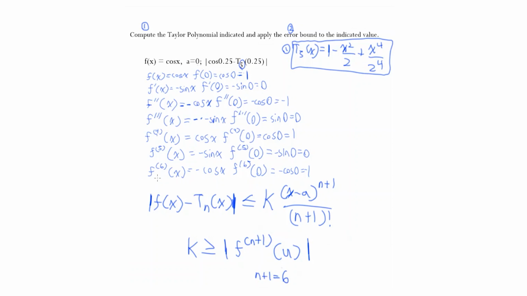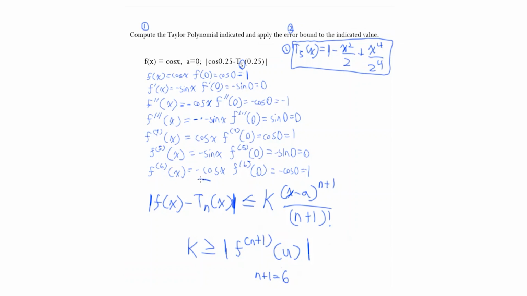And so they want us to find the maximum value of this function over here. And it's an absolute value, so we don't have to worry about positives or negatives. U just represents some variable where the function is at its maximum. And as you can see, K can also be bigger than the maximum value of f of n plus 1. So really, we can set K to anything we want, but the problem is the bigger we set K, the bigger our error is going to be.